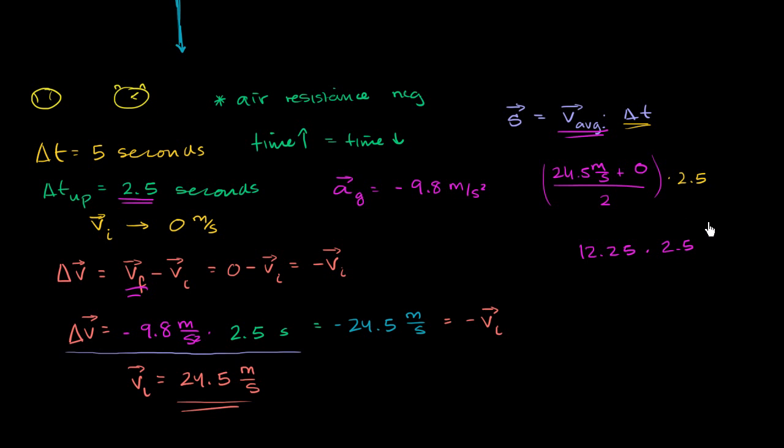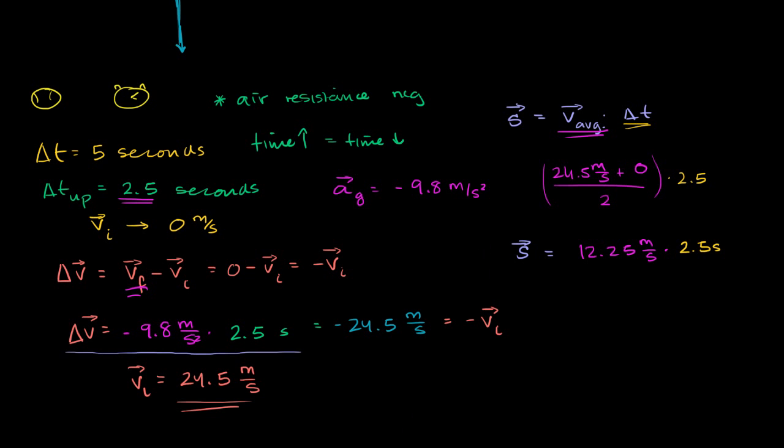2.5. And remember, this right over here is in seconds. Let me write the units down. So this is 12.25 meters per second times 2.5 seconds. And just to remind ourselves, we're calculating the displacement over the first 2.5 seconds.